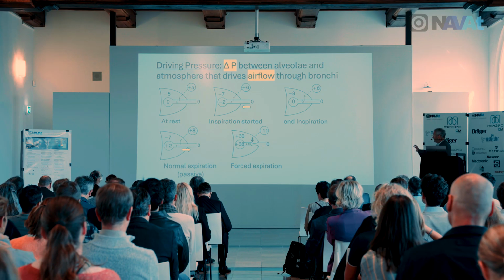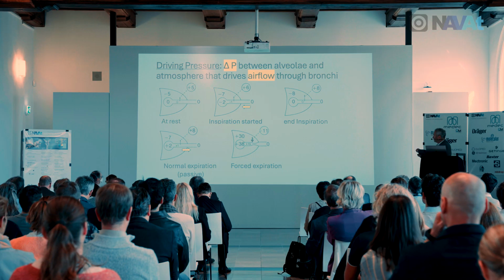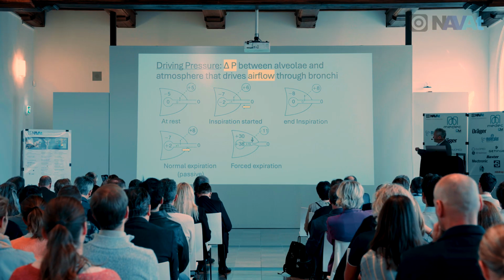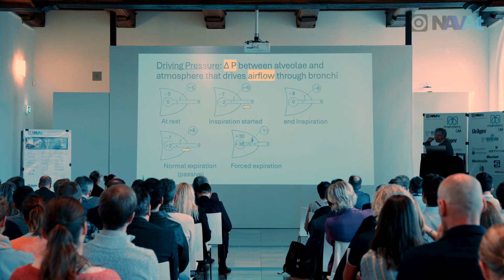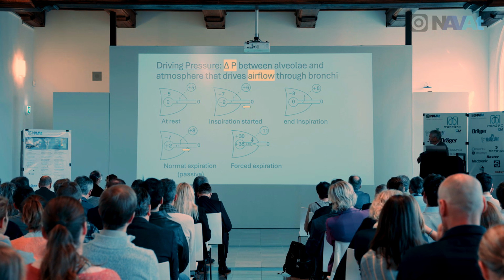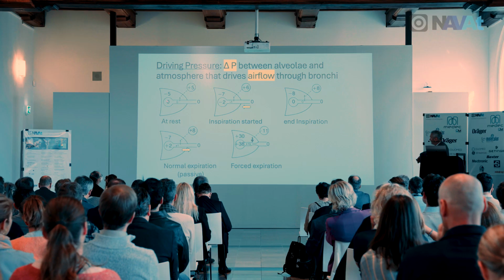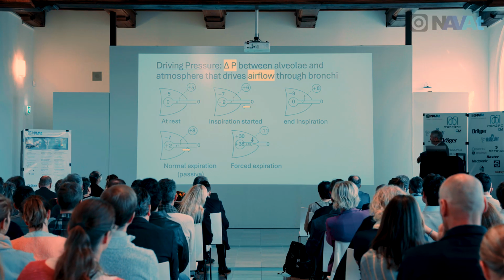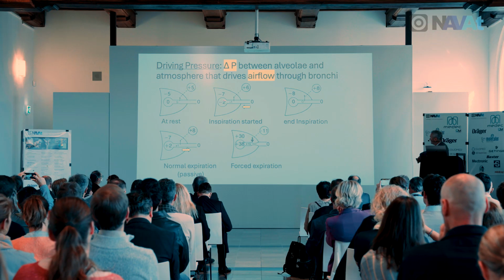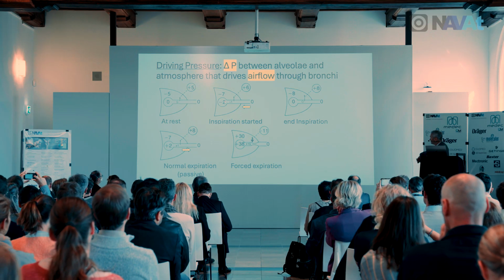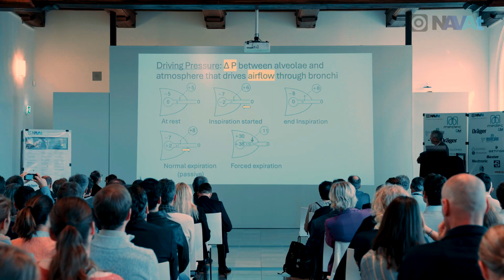Right now, there are different mechanisms, and maybe I can illustrate by also describing the driving pressure. That's the difference between the alveolar and the atmosphere, which makes that air moves in or out of the lungs. So in inhalation, we have a negative driving pressure pulling air in.